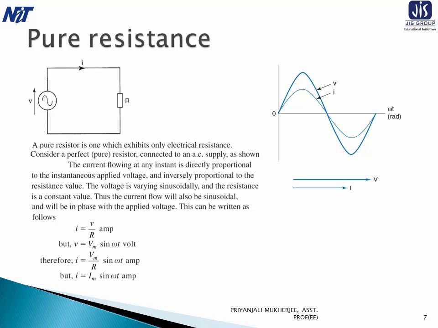As I is equal to V divided by R, the maximum I value must be less than the maximum V value, but both originate at the same time and both complete their cycle at the same time. So we can say there is no phase difference between the voltage and current signals in the case of pure resistance.